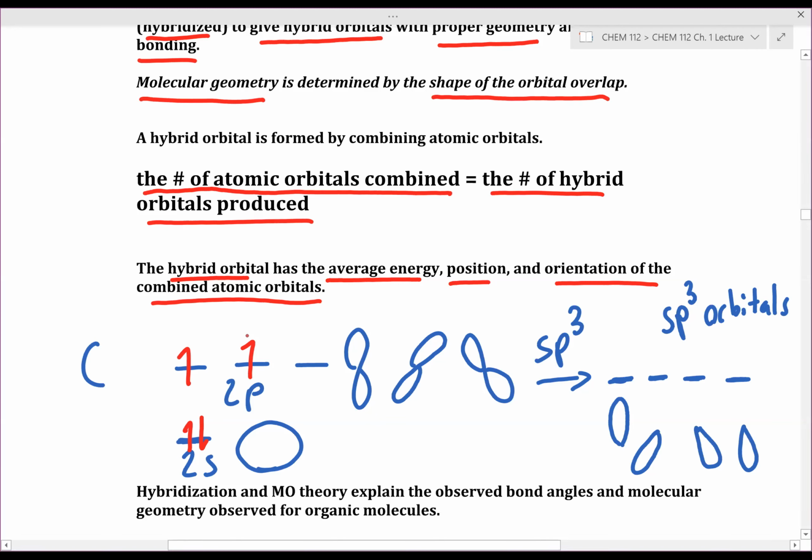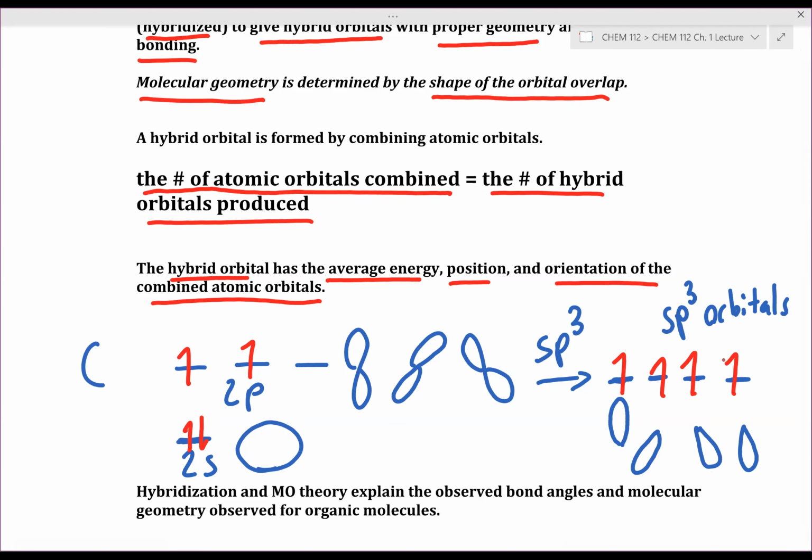So if we want to fill these orbitals, do we fill empty orbitals first or full orbitals? Empty. So taking our 4 electrons, 1, 2, 3, 4, how many half-filled orbitals do we now have? All of them. We have 4. So how many bonds can this sp3 hybridized carbon atom now form? 4. Exactly. Hybridization is a means of generating orbitals that are capable of forming bonds.